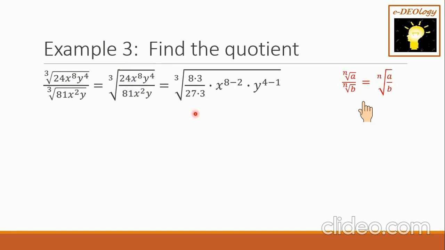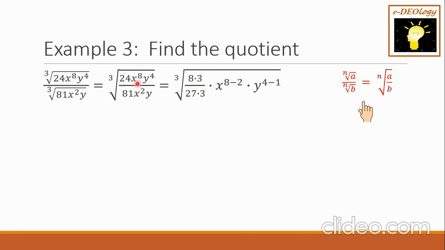For the numbers, we're going to simplify this by factoring out a common number from the numerator 24 and from the denominator 81. So the 24 is now factored into 8 times 3. The 81 is factored into 27 times 3.